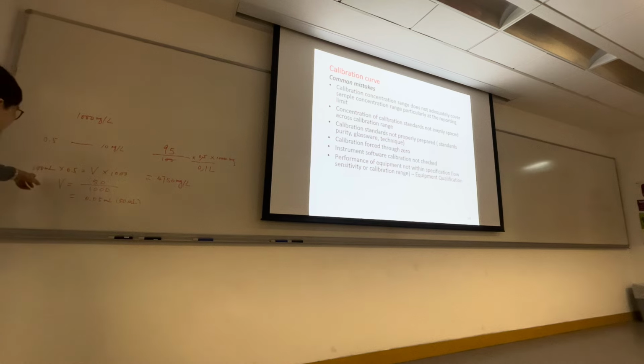But if this is 0.1 ppm, that means you need to withdraw only 10 microliters. Then this is quite inaccurate, I should say. And unluckily, I found out that their result in the PT is always a negative bias.